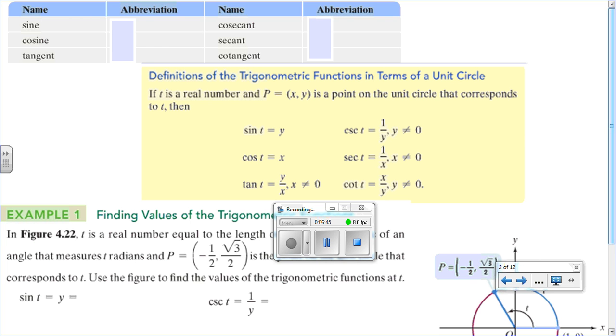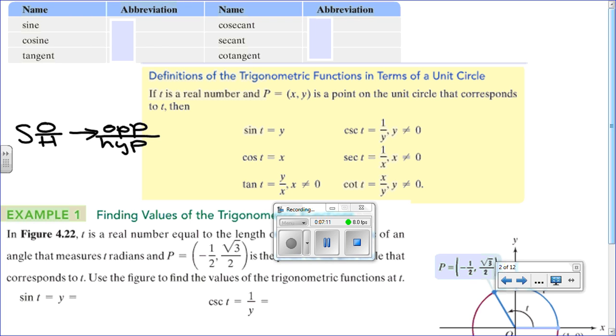You will not refer to them as SOHCAHTOA, okay? That is just the acronym to remember them. But what it means is that you have the opposite side divided by the hypotenuse. That is the sine. We'll go back to that.